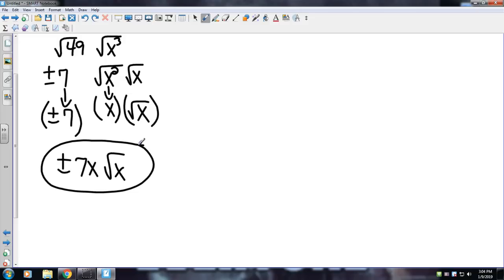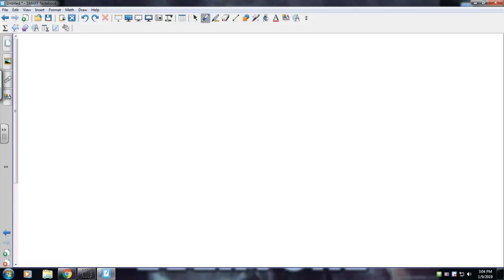Okay, now let's look at a fraction. How about radical 27 ninths? Sorry, I wrote that backwards initially. Well, the radical's over both of them, so really this is radical 27 over radical 9.